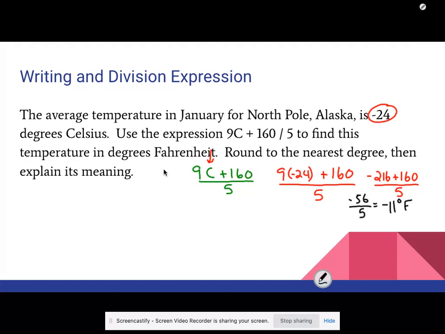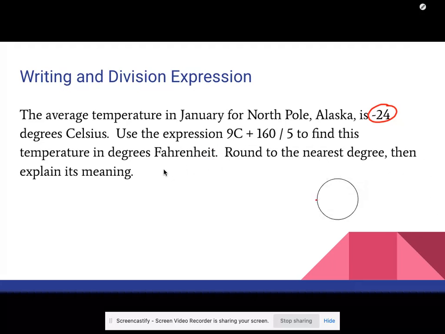So that's my answer. Now I need to explain its meaning. You could say North Pole, Alaska has an average temperature of negative 11 degrees Fahrenheit. So make sure that when you multiply and divide, you follow these rules very carefully. That can be the difference in right or wrong answers.